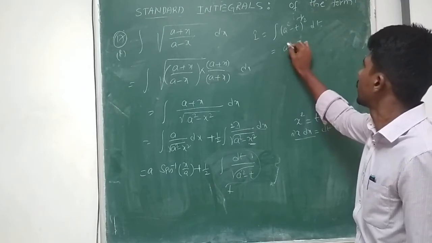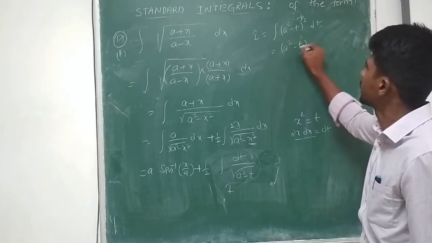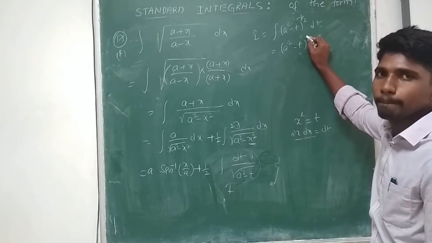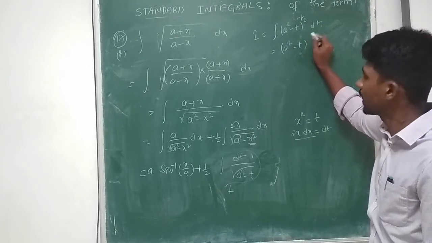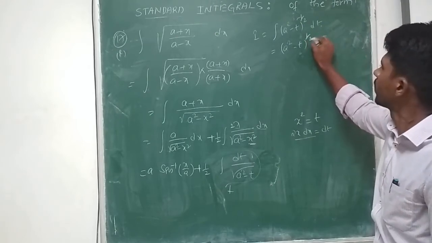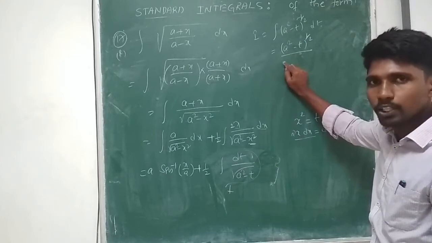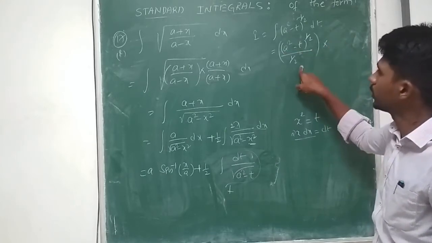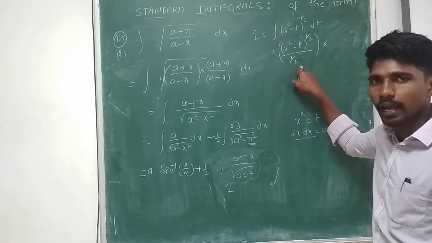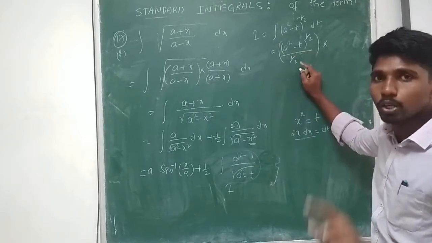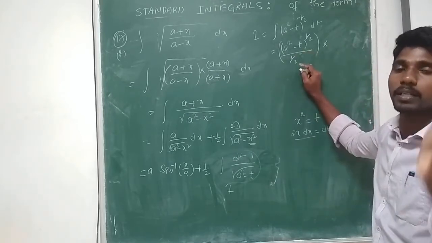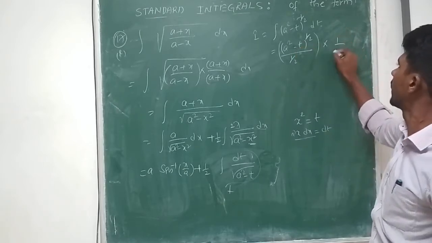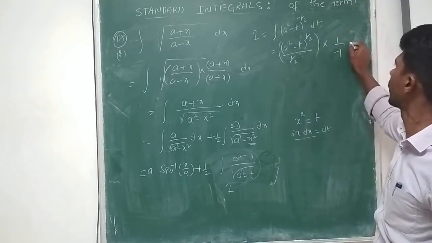So the answer is a square minus t power minus 1 by 2 plus 1, which is nothing but 1 by 2 by minus 1 by 2 plus 1. Up to this the regular form is over, but I have to divide the entire thing by the coefficient of x in place of ax plus b. Here the coefficient of t is minus 1, so divided by minus 1 plus a constant c.